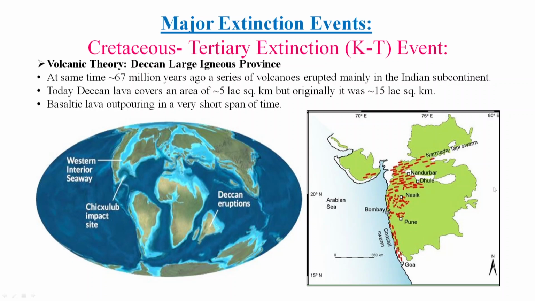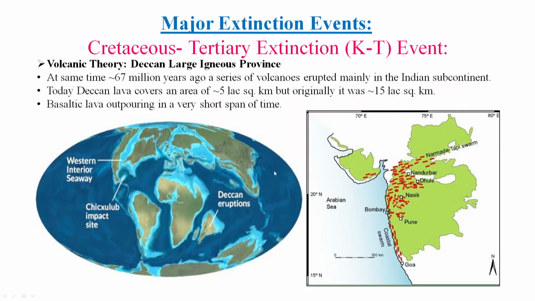So this huge area has evidence of the Deccan large igneous province, which is nothing but trap basalts, comparable to the Siberian trap that was responsible for the Permo-Triassic extinction.